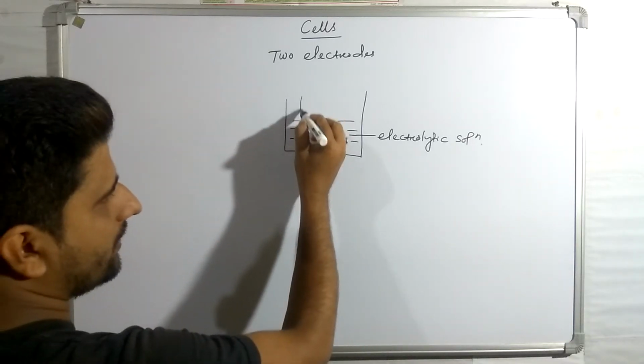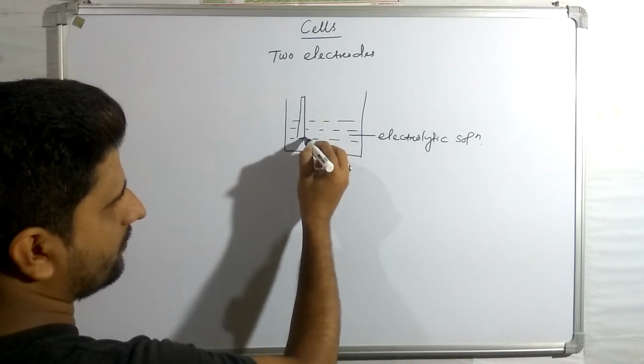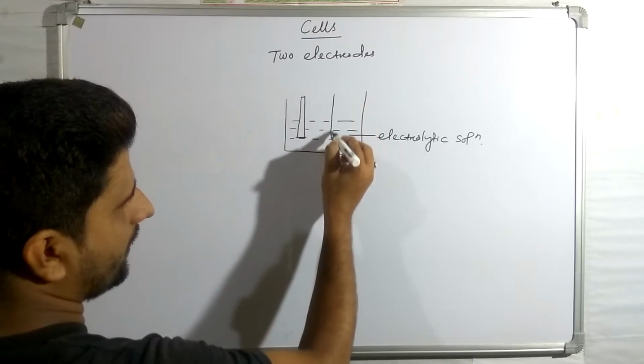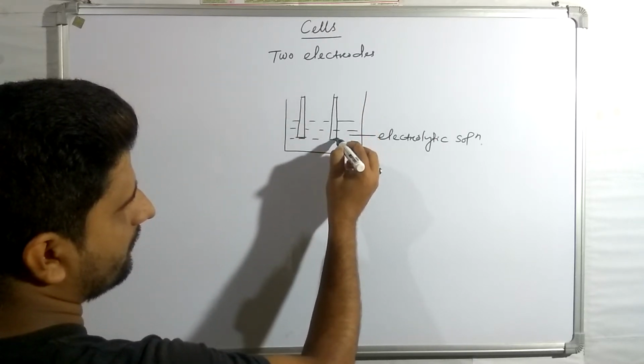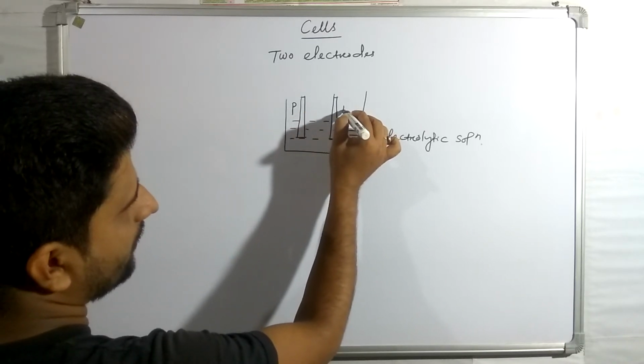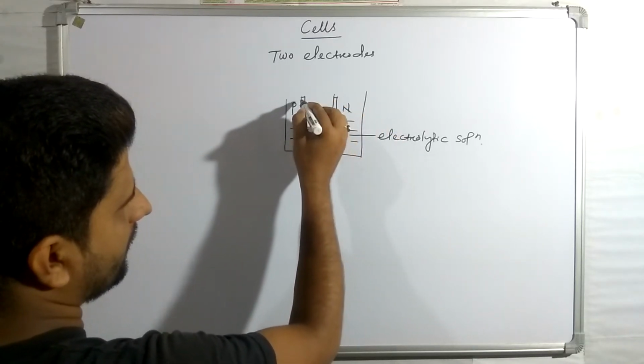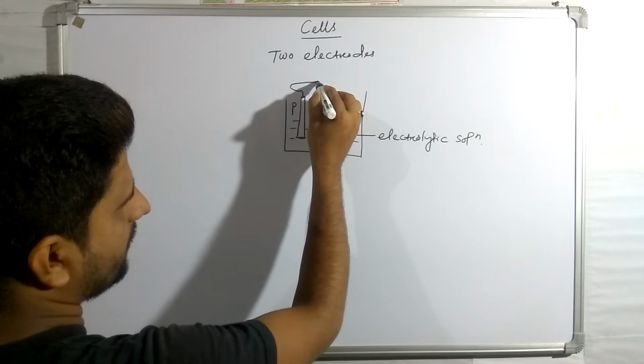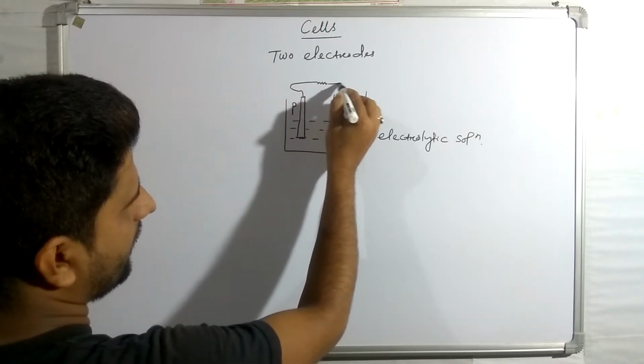and here is the positive electrode and here the negative electrode. The positive electrode is denoted as P and the negative electrode as N. This is the connection between the positive electrode and the negative electrode.